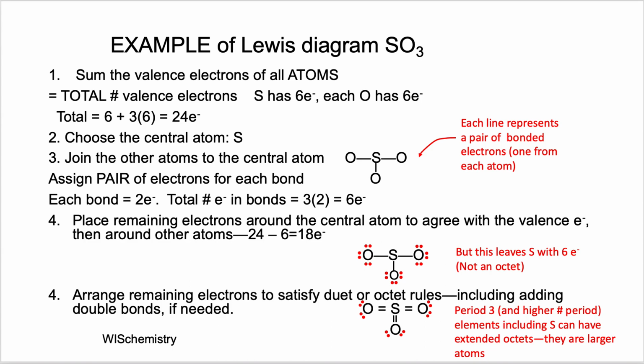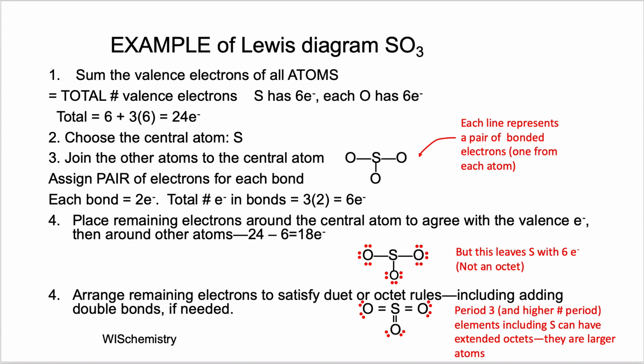The first one is it leaves sulfur, a period 3 element, with 6 electrons, so it is not an octet. The second thing is oxygen had 6 electrons to start with, so there's 6 red dots around each one, which then implies each of the bonds are dative coordinate bonds where the sulfur atom is contributing both of them.